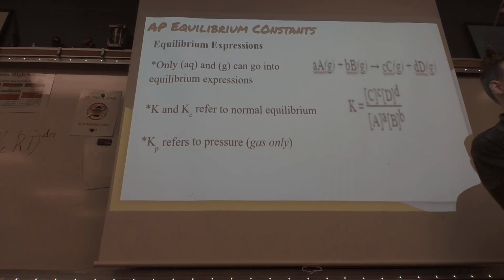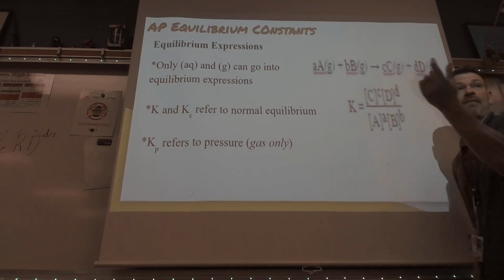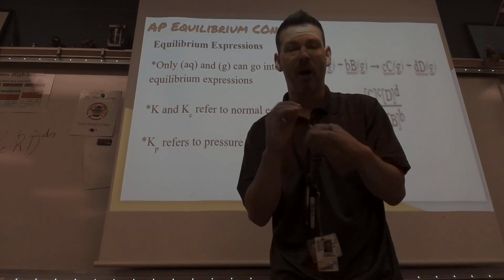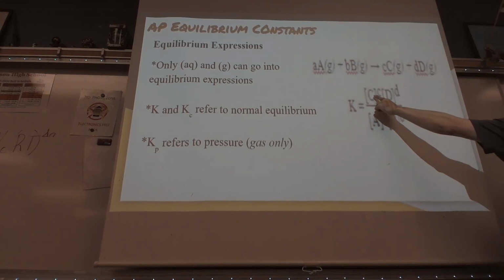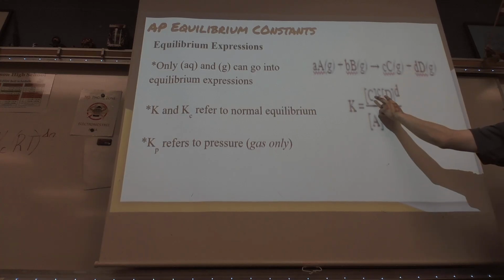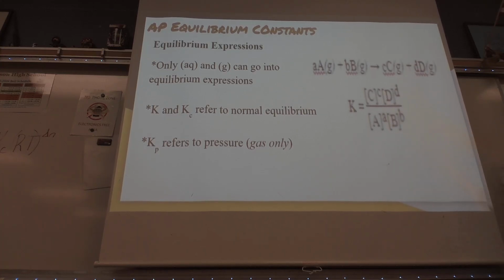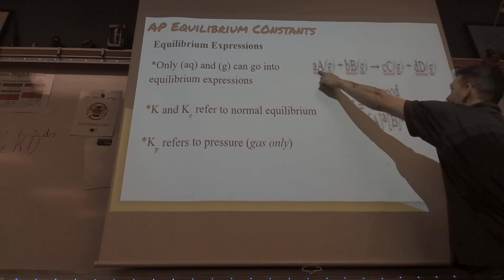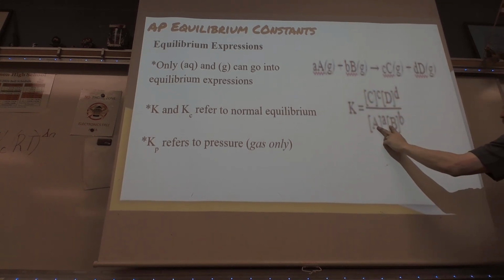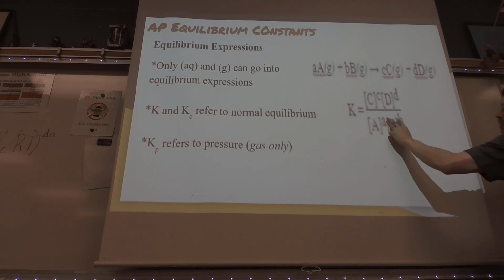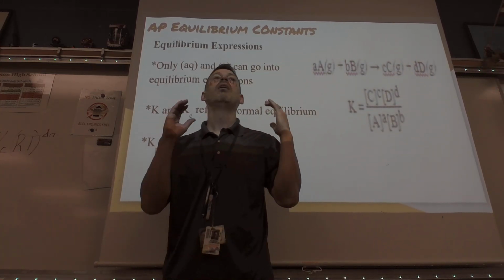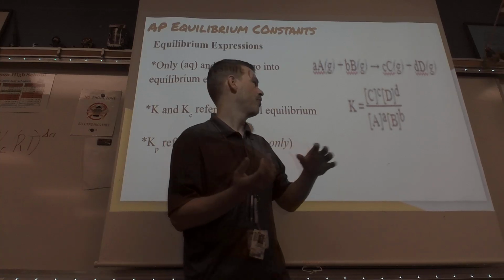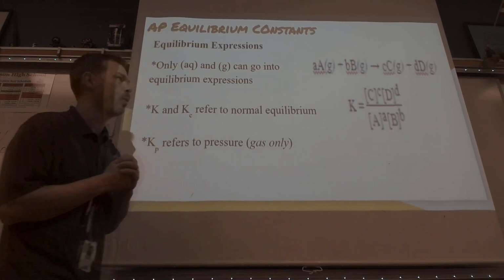What we will do mathematically to find this K value that will tell us whether there's more reactants or products when the reaction stopped is we will put the products as a numerator raised to the power of their coefficients over the reactants as a denominator raised to the power of their coefficients. And that's how we'll be running equilibrium for several units. So this is the equation.